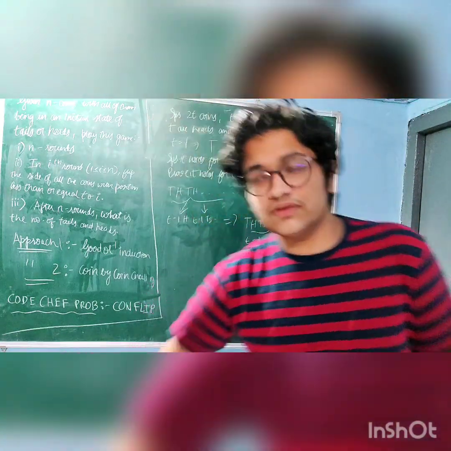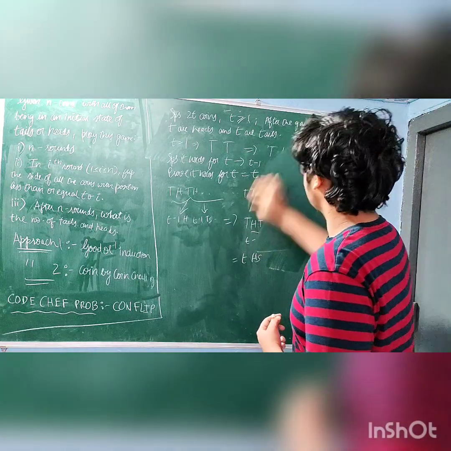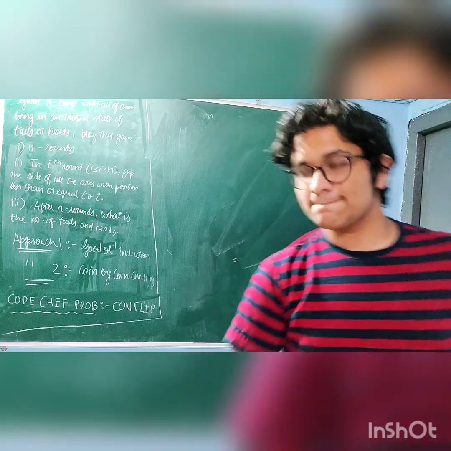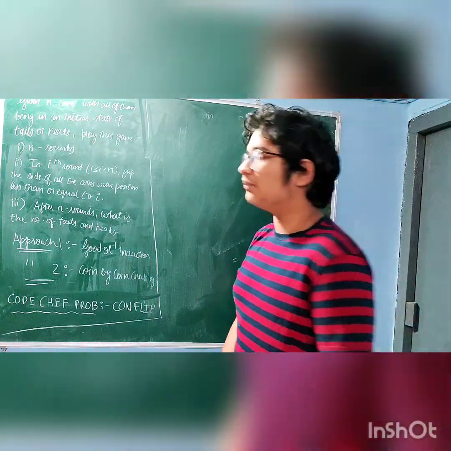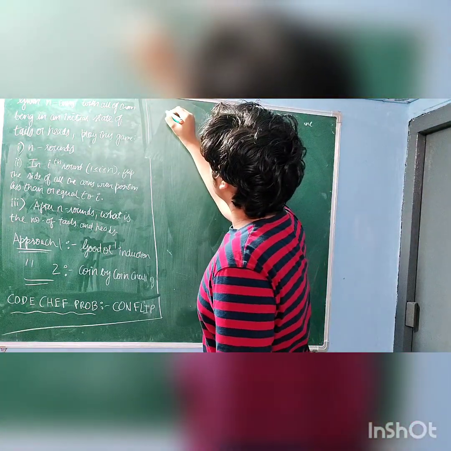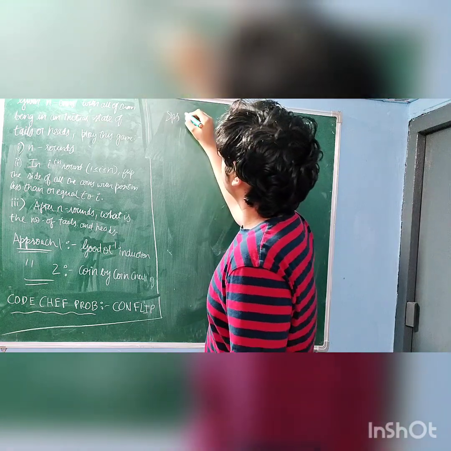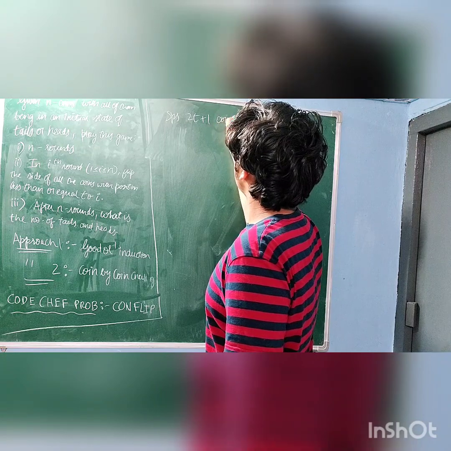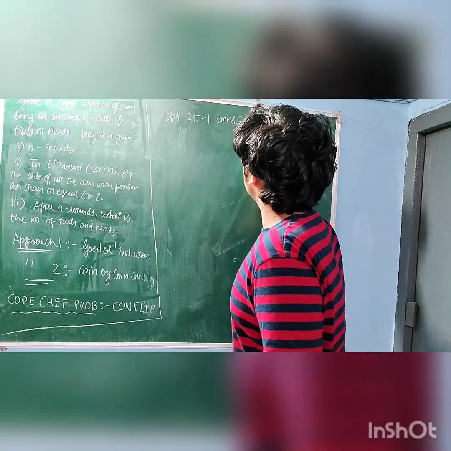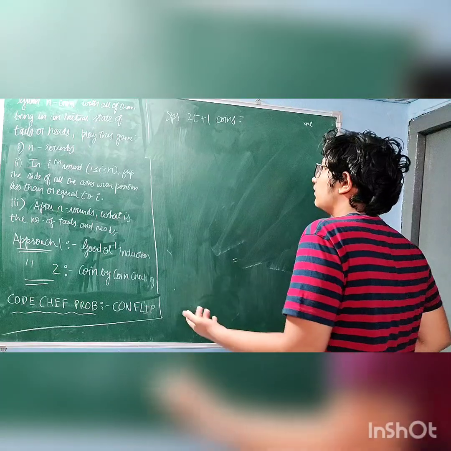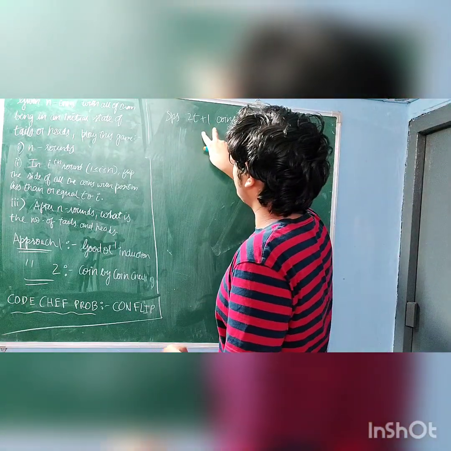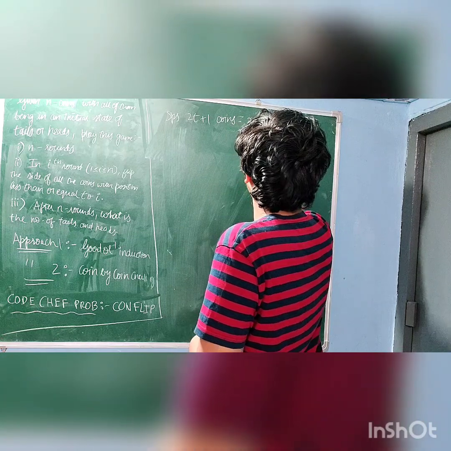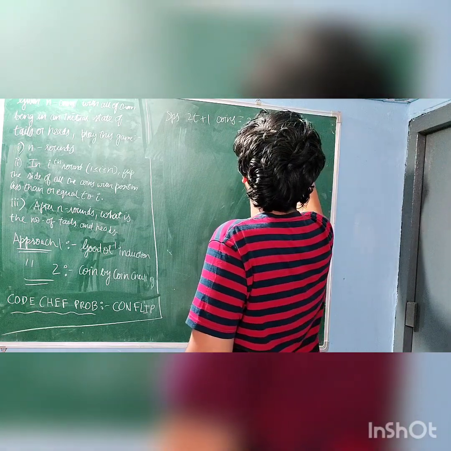Now let's prove it for the case when the number of coins is odd. Now suppose there are 2t plus 1 coins. Then what we can do is break these 2t plus 1 coins into a 2t coins chain and a single coin chain.